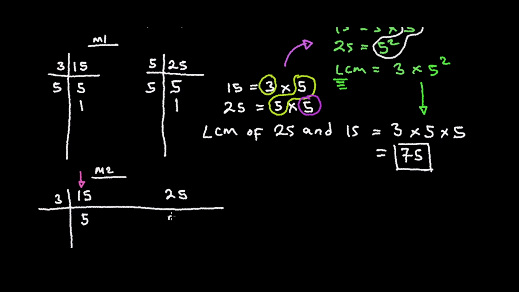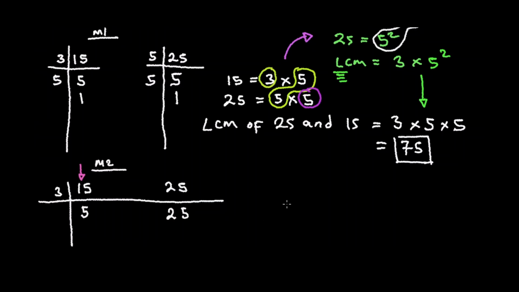But 25 comes back the same, because 3 does not go into 25 without leaving a remainder. Then we are still dividing 15. The number that goes into 5 is 5. But coincidentally 5 goes into 5 and also into 25, so we apply it to both. 5 into 5 is 1, 5 into 25 is 5.